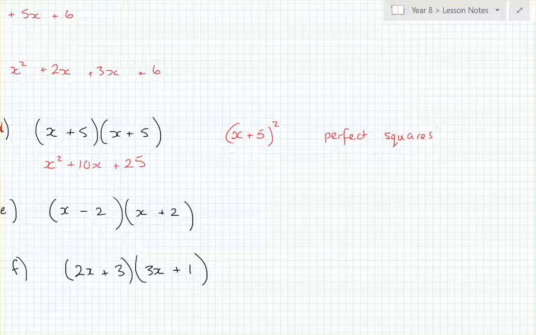Perfect squares. And we can look at the other form and recognise it because the 25 is a square number, and the 10 is the number times 2. So other perfect squares would be x plus 1 squared, x plus 2 squared, and things like that.